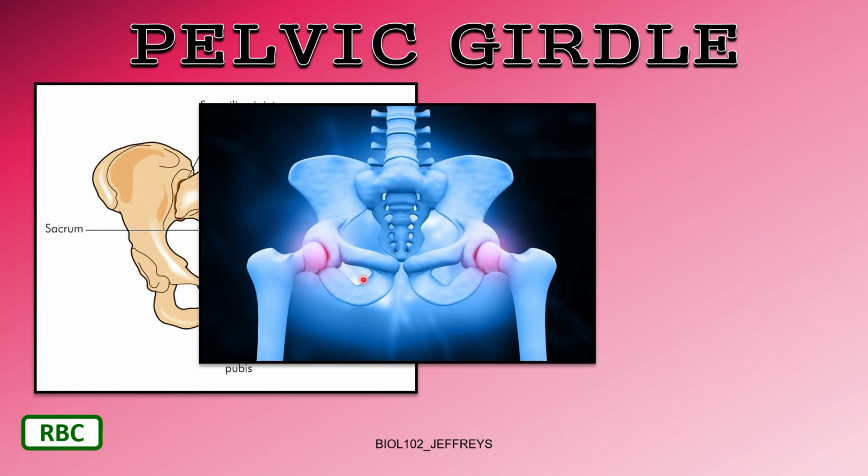And these 2, one on either side, pelvises form the pelvic girdle. And you can see this is the top of the femur, there's the ball of the femur, and this space here, this indentation in the pelvic bone, is called an acetabulum, and that's the socket part of the ball and socket joint that makes up your hip joint.